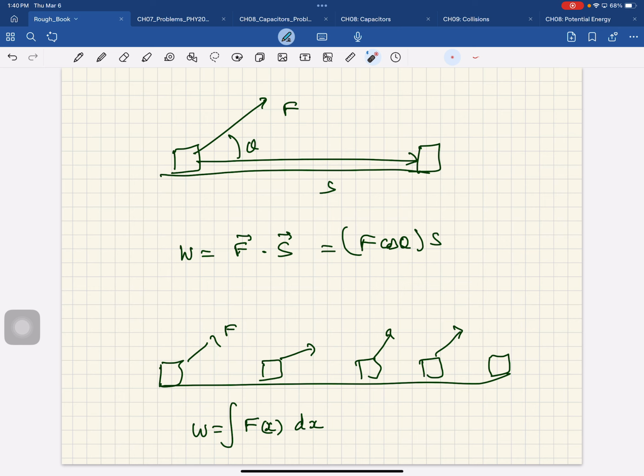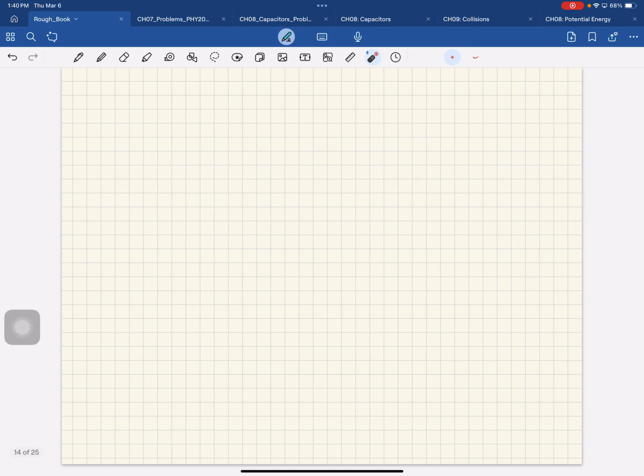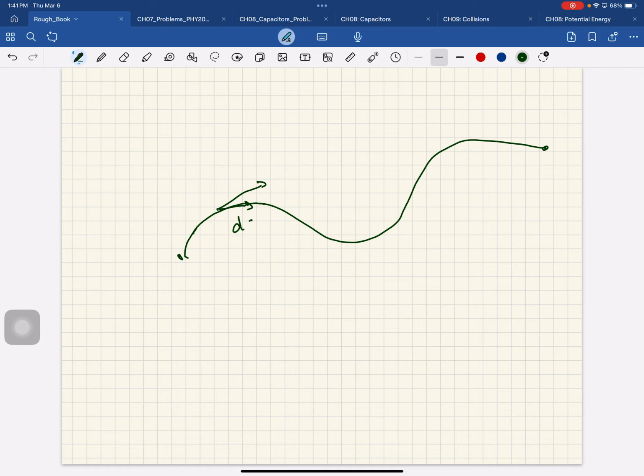Okay, and then you weren't happy with that, and so we said, okay, we'll allow you to go on a general trajectory, and the work done was this line integral.